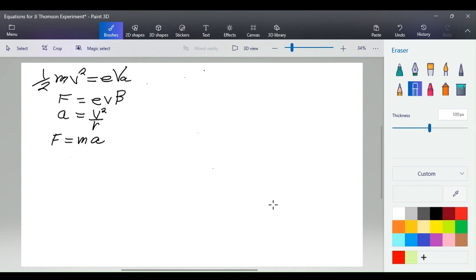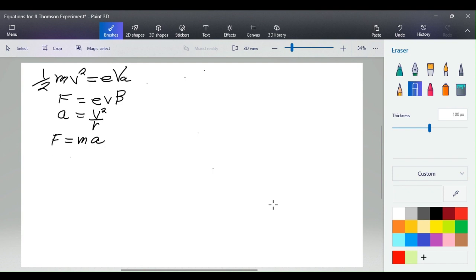The a that I have written here is for the acceleration. Well, it's just acceleration, which is the change in velocity over time. And when you're going around in a circle, that's v squared over r. V squared over r gives you the acceleration of that body, even though the speed stays the same.